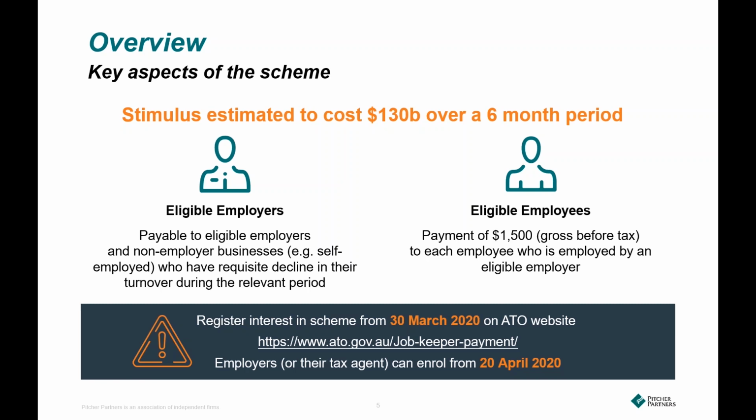The payments will be $1,500 before tax per eligible JobKeeper fortnight for each employee who is employed by that eligible employer. If you haven't already done so, you can register your interest in the JobKeeper scheme on the ATO website using the link that's shown on the slide here. And we understand that employers or their tax agents will be able to enrol from the 20th of April, which is next Monday.